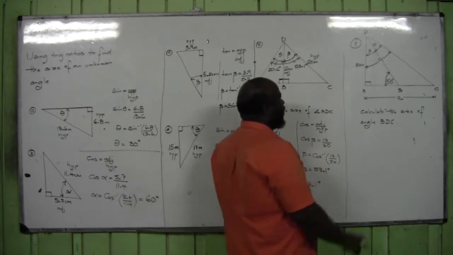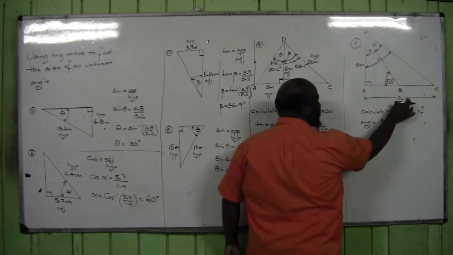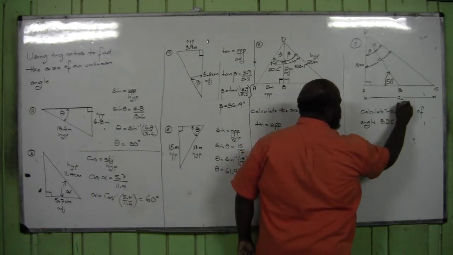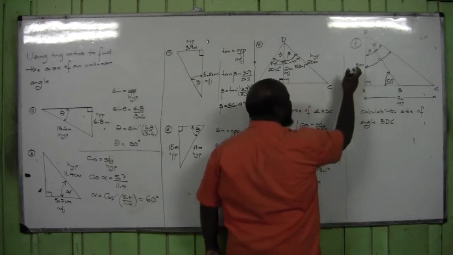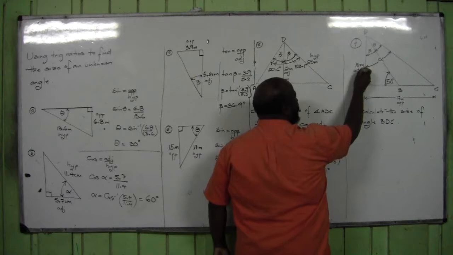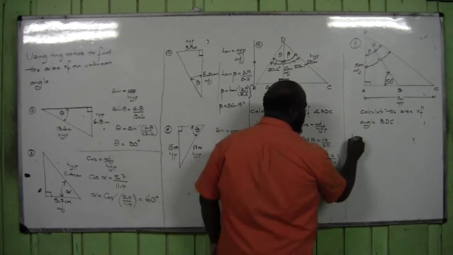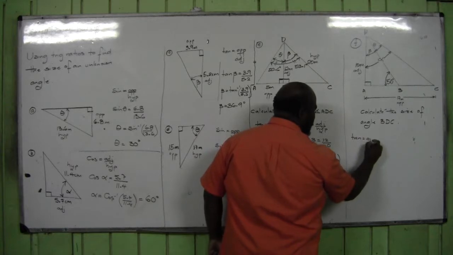Tell me, what is this side to the angle alpha? Opposite. What is this side to the angle alpha? Adjacent. Which ratio includes opposite and adjacent? Tan. Tan is equal to opposite over adjacent.